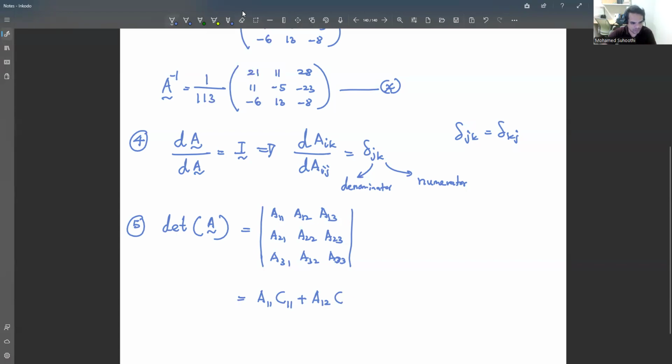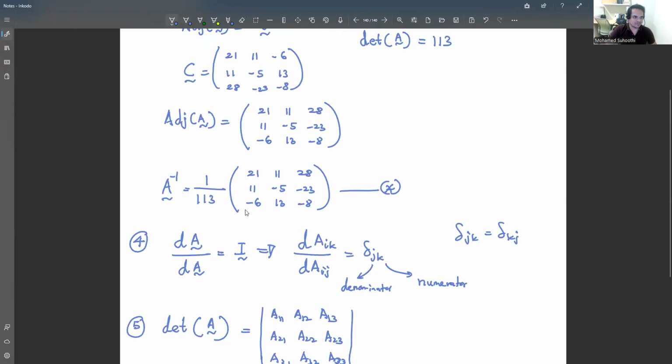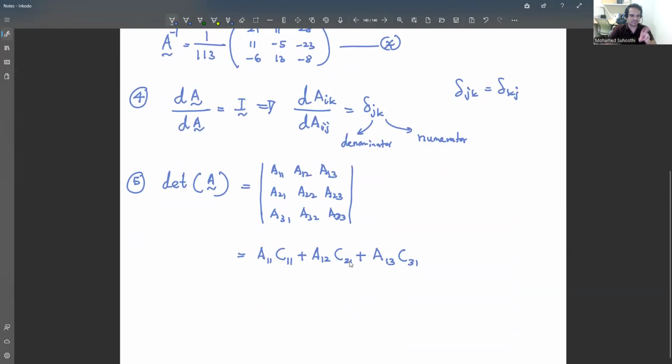Because in matrix multiplication, the second index of the first matrix and the first index of the second matrix must be the same, right? I will write according to this, right? Okay, plus the third one, A13 C31, right? So you understand now why we have written the adjoint matrix here, the transpose, right? Because of this, we have to switch the sign here.